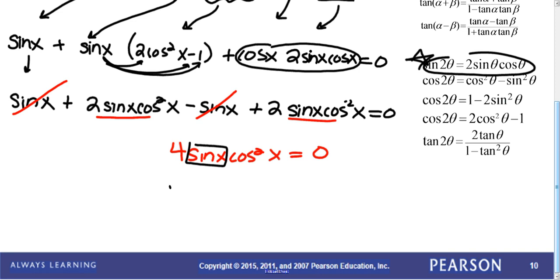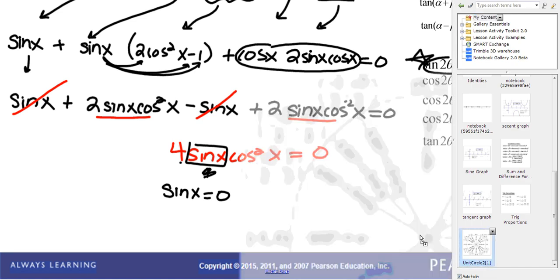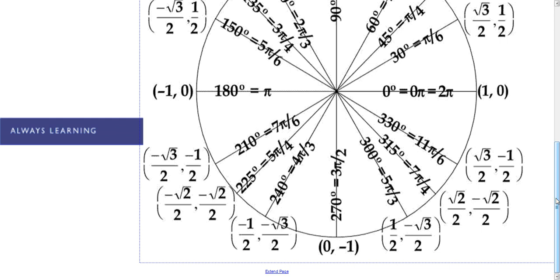So one of my solutions would be if sine was 0, 4 times 0 times anything would still be 0. So I'm going to look for where my sine value or my y value is 0 on the unit circle. Okay, so I'm going to pull that in again. And again, I should have done this earlier, sorry.